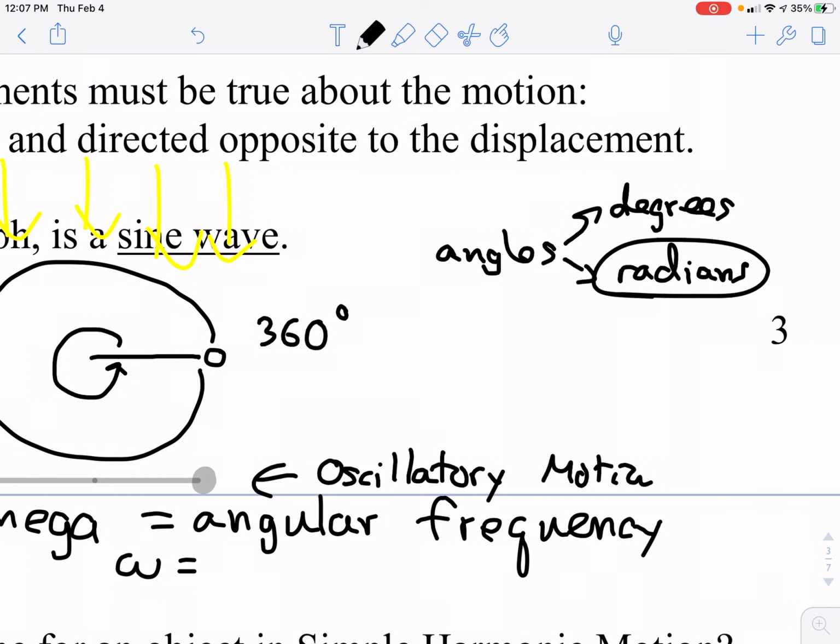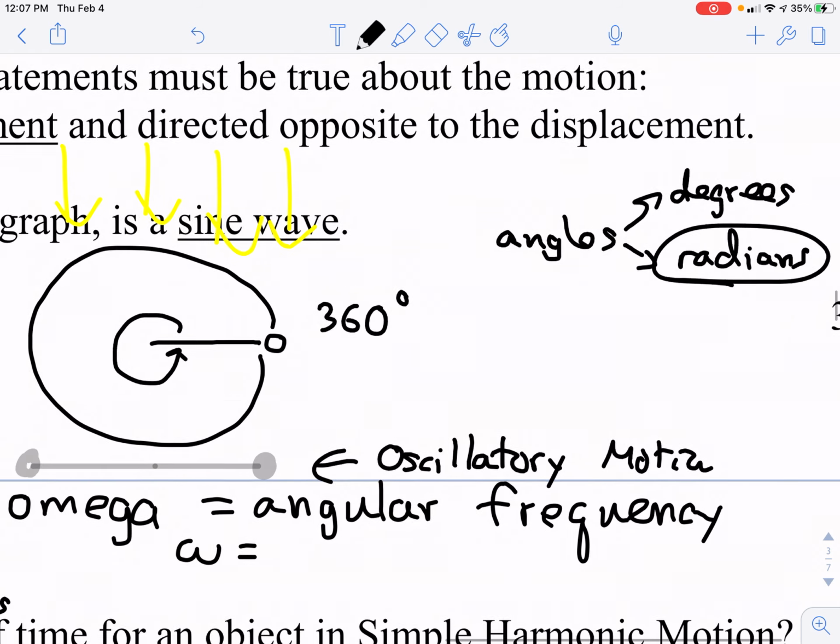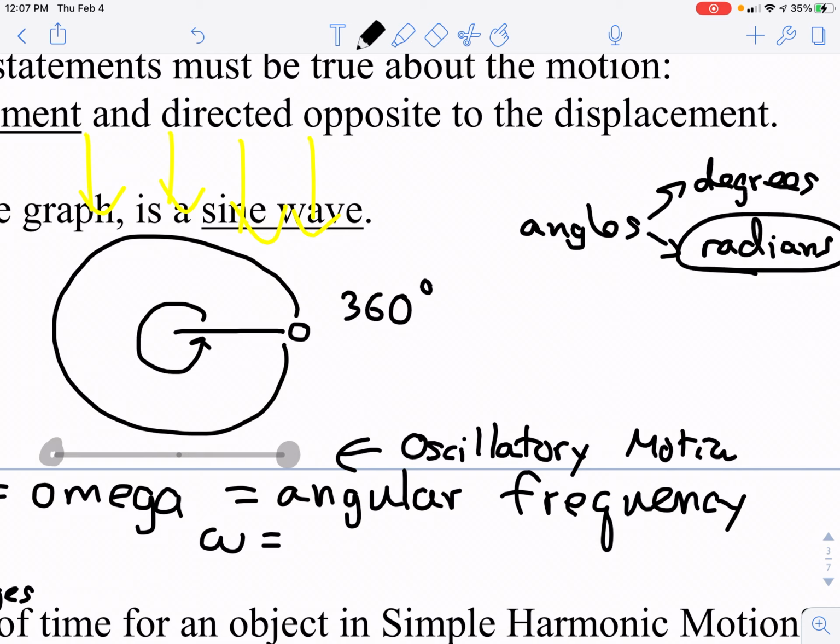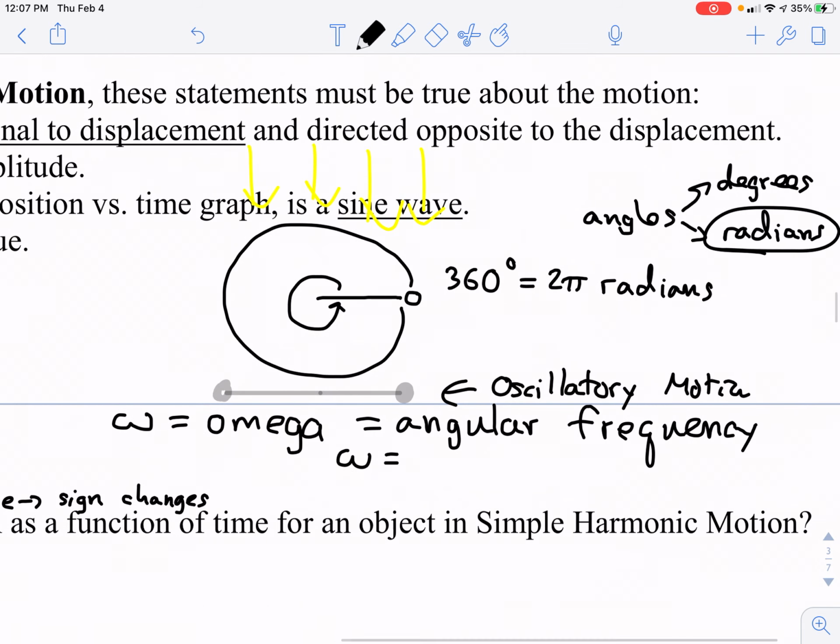We are going to be taking a look at that. 360 degrees happens to be equivalent to 2 pi radians. So one full revolution is equal to 2 pi radians.